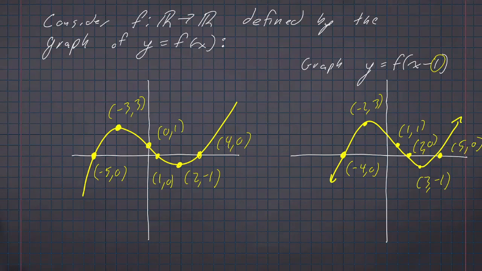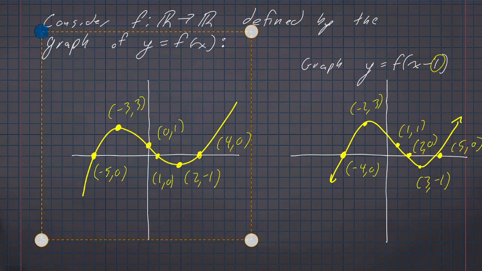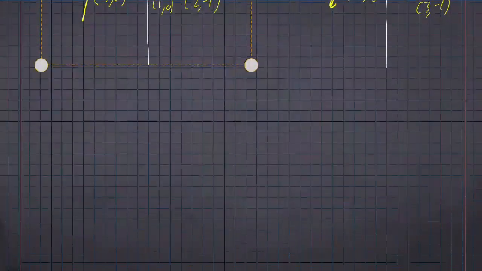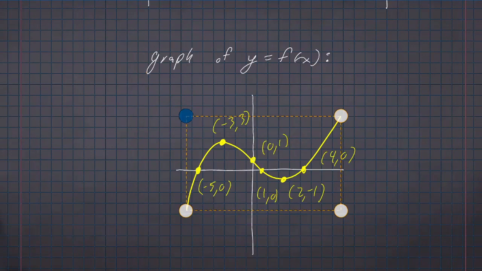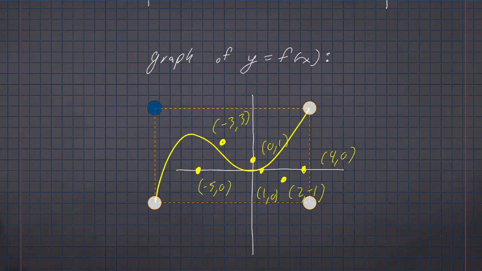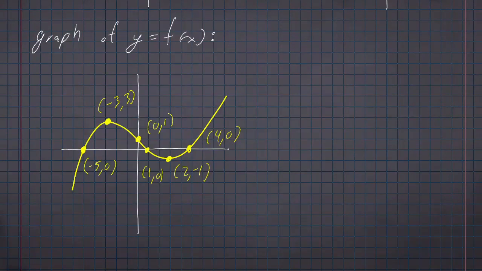All right. I'm going to copy this original graph, y equals f of x. So we have the same graph of y equals f of x that we had before.